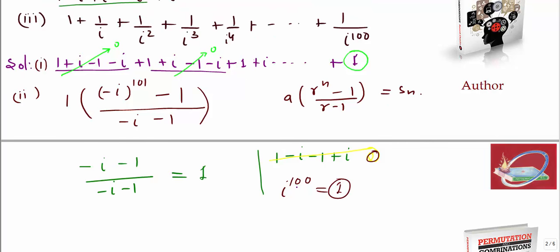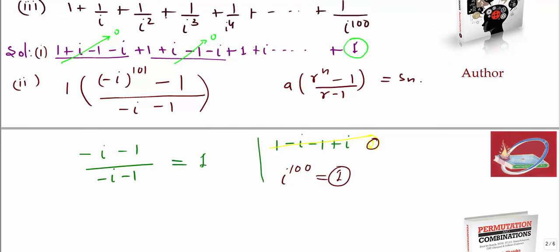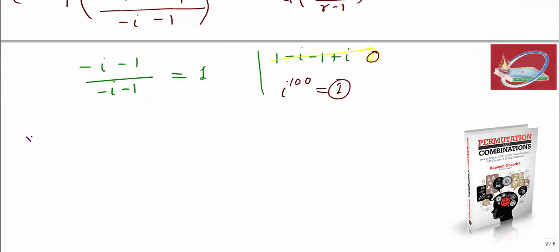Now here we have the third part, that is 1 plus 1 upon I plus 1 upon I square and so on. Here we can have I to the power 4 equal to 1.